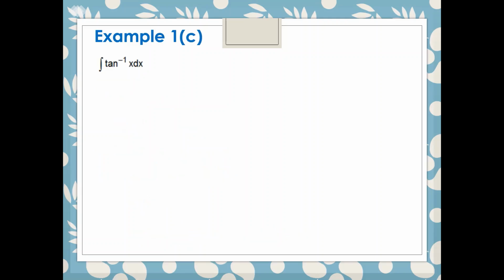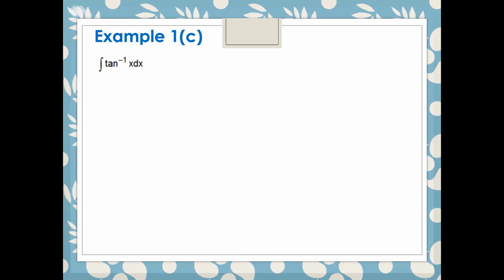For example 1c, you need to integrate the arctangent of x with respect to x. As the integral consists of only one function, which is I, we need to assume there is another function which is 1. As 1 is referred to as A, this integral consists of A and I. From LIATE, I comes first.